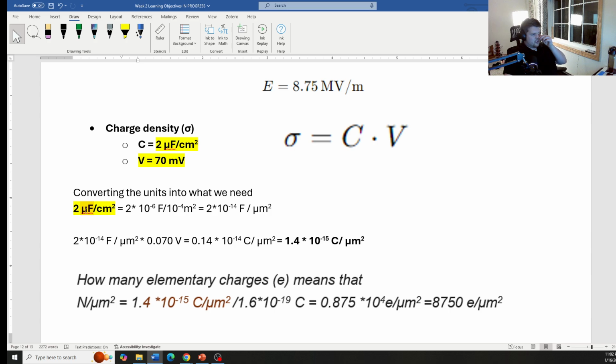So a little symbol, this is our microfarads. Micro is to the negative 6th, so we have to do all of our unit conversion, converting from the micro to just the standard, and then centimeters to meters. So we do all of that.